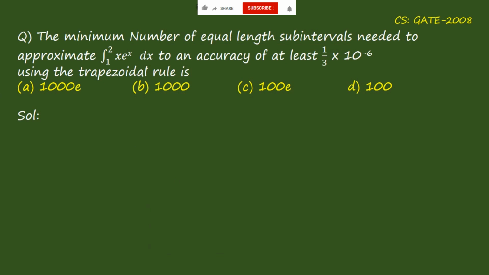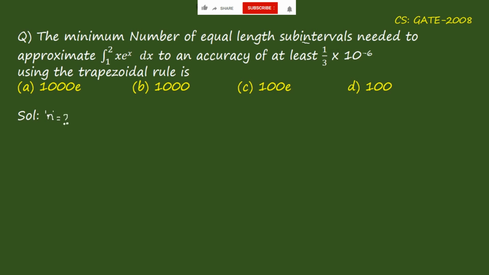The question is the minimum number of equal length subintervals needed to approximate the integral from 1 to 2 of x e power x dx to an accuracy of at least 1 by 3 into 10 power minus 6 using the trapezoidal rule. What they are saying is that we have to find the number of equal length subintervals we need, the value of n.